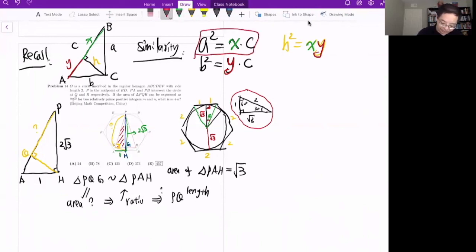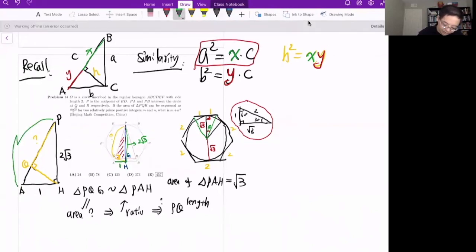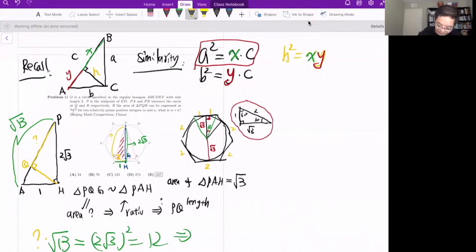So this is what we have. By the Pythagorean theorem, this part is the square root of 13, right? Then I have the question mark times the square root of 13 equals 2 times the square root of 3 squared, that's 12. So the question mark equals 12 over the square root of 13.